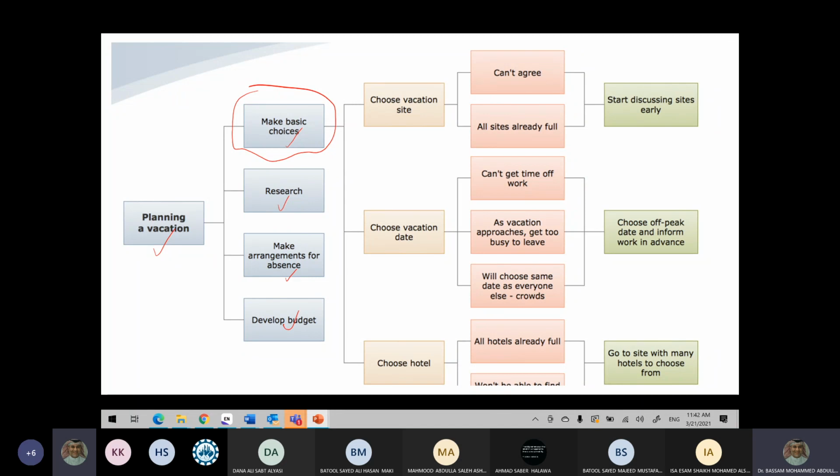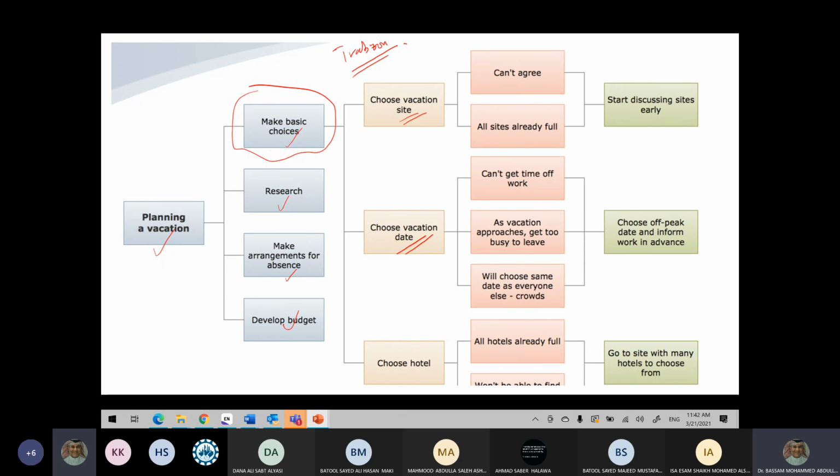Even when you go to Turkey, you want to ask, do I want to go to Istanbul or Trabzon or whatever. For example, because I was discussing this issue yesterday. So if I want to go to Trabzon, now that is a vacation site. We'll come to the details, like when I want to go.